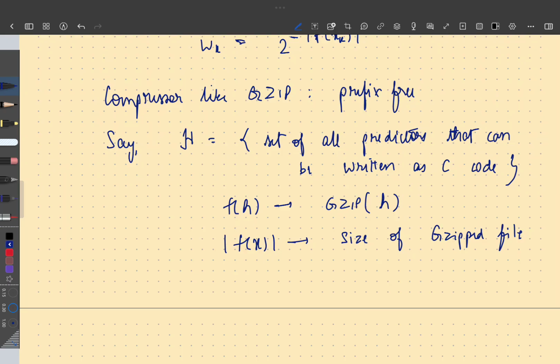You could have a character to demarcate, which means that that particular string is not available to you as part of your compressed file. Right. That's one natural way, but that's inefficient.